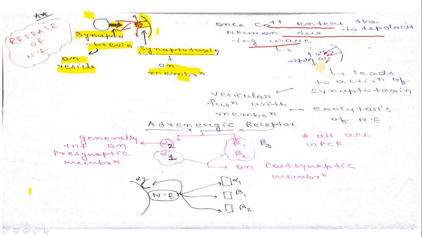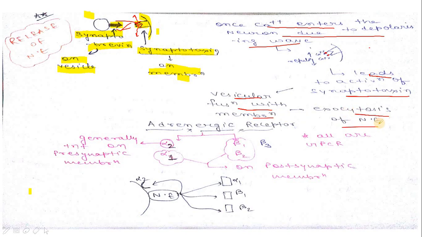Both are positive, so they will repel each other, and that leads to activation of synaptotaxin. The synaptotaxin is activated, and the binding site of synaptobrevin on synaptotaxin is opened up. Clear? Then vesicular fusion with the membrane will occur, which will lead to exocytosis of norepinephrine.